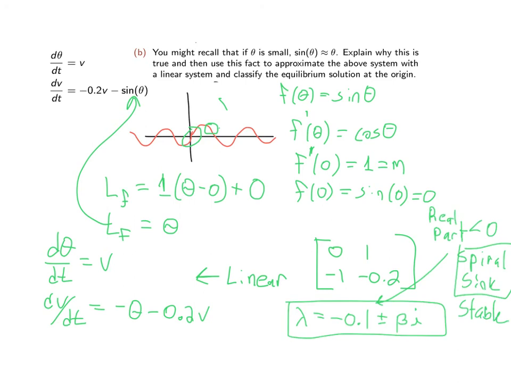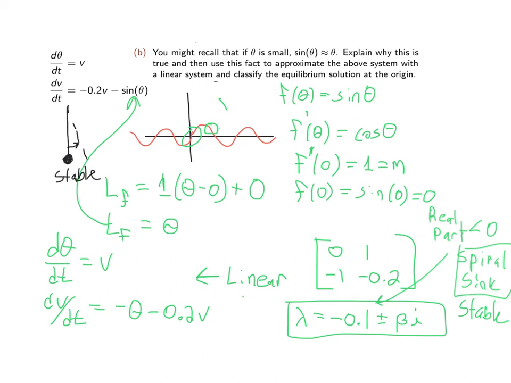This analysis was only applying to situations when theta is small, or close to zero. If I'm considering the equilibrium when theta is close to zero, so when it starts off at its downward hanging position, it makes sense that that would be a stable equilibrium.